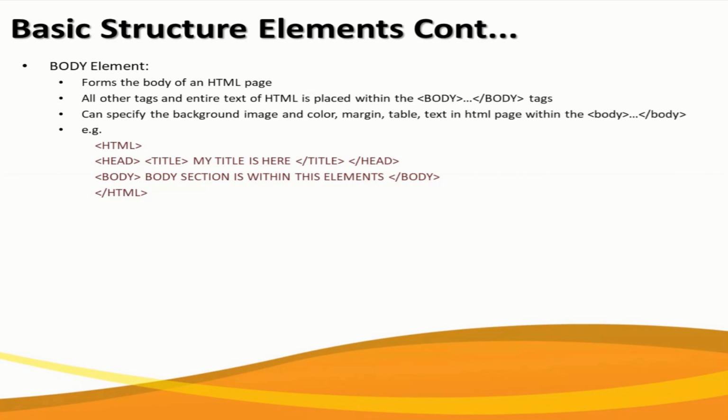The body element can contain other tags also. Look at the example, which is the same as the last example except the body element, which is just before the HTML closing tag. Here we start a body tag and put some text in it and then close that body tag.